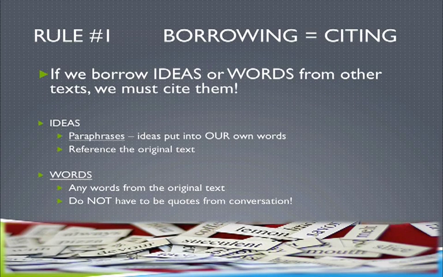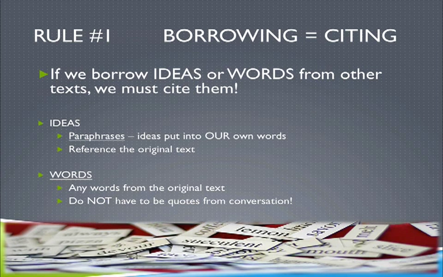So to expand on each one just a little bit, the first rule is that if we borrow ideas or words, we must cite them. And so for borrowing ideas, usually we put those into our papers as paraphrases, meaning we've read something, we've thought about what it meant, and we have put it into our own words, and those words go into our paper. We're borrowing an idea. We didn't necessarily come up with the idea of things like gravity.